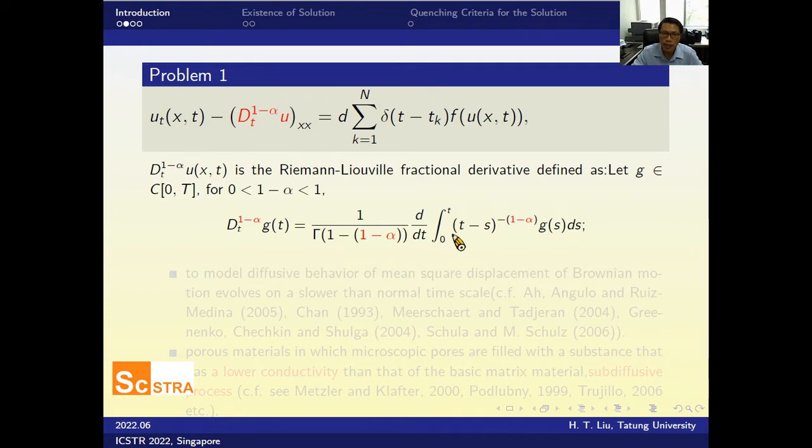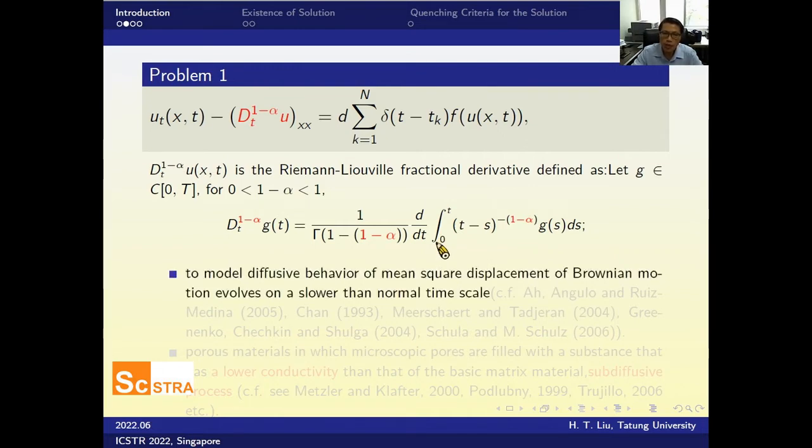Note that in particular, with alpha equal to 1, this weight becomes 1, and it goes back to the classical derivative defined in Newton's form, which was developed 400 years ago. Now this operator is a better approximation for the diffusive behavior of the mean square displacement for Brownian motion. In particular, it describes slower-than-normal timescale diffusion.